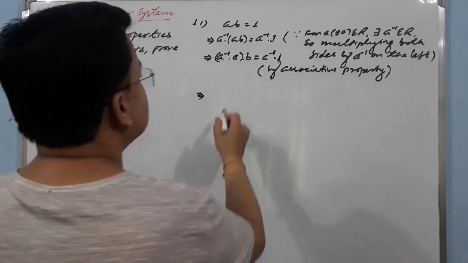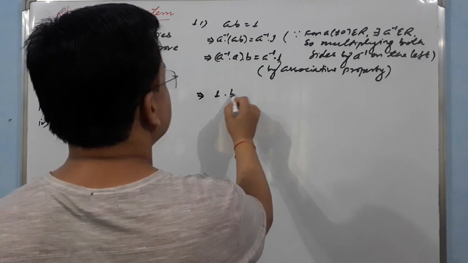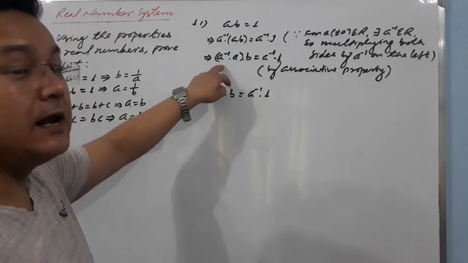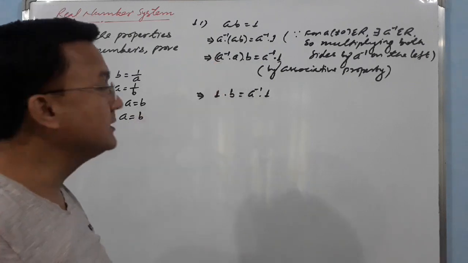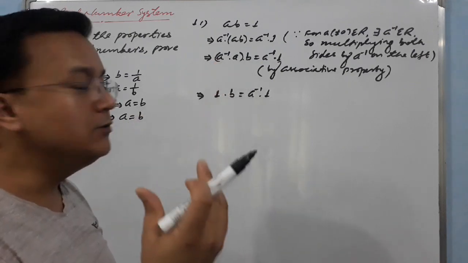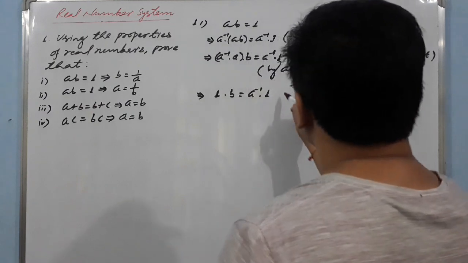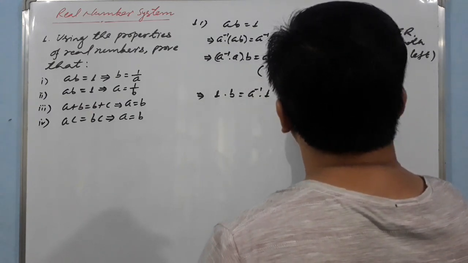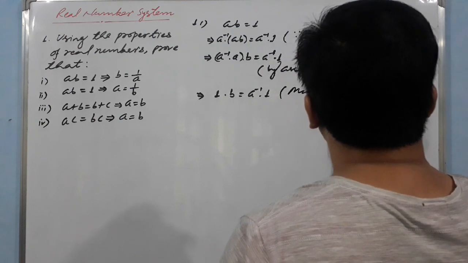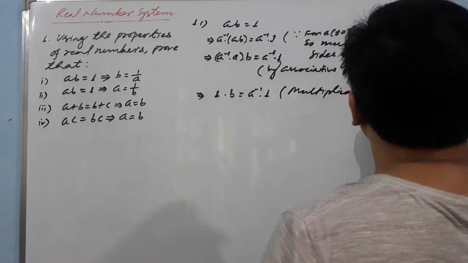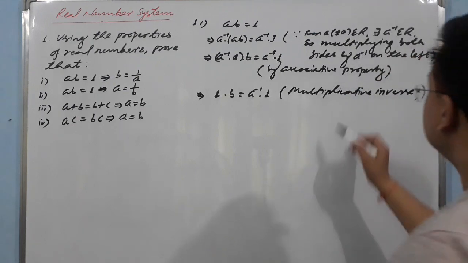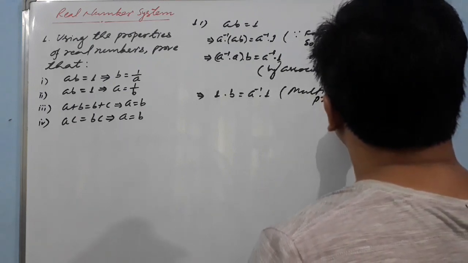Implies a inverse times a, which we can write as 1, times b is equal to a inverse times 1. How can I write a inverse times a is equal to 1? Using the multiplicative inverse property.